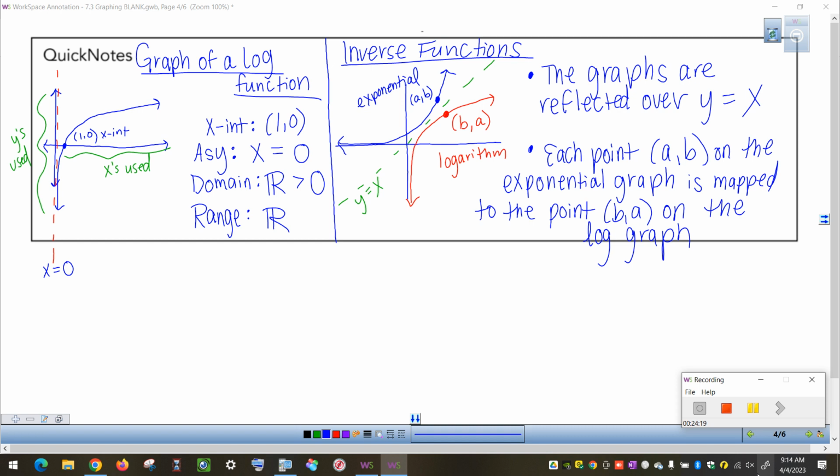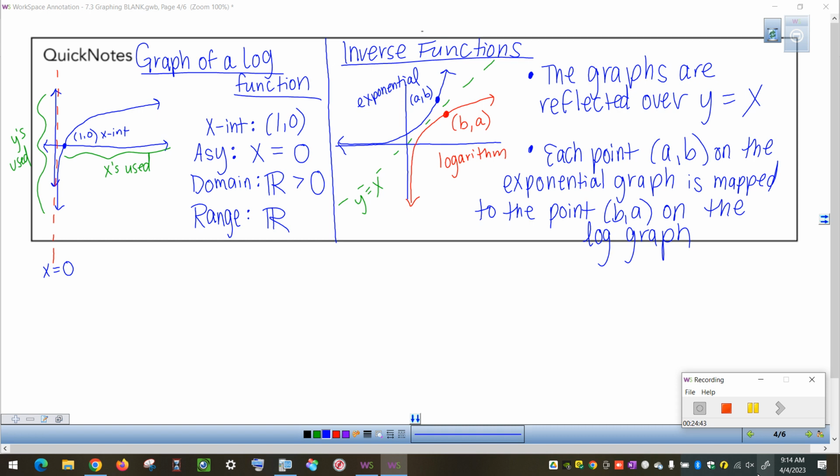So the other interesting thing about this process is you can do this for any base. So we did this for 2 to the x. That inverse was log base 2 of x. We figured out a table for 2 to the x. We switched the x and y to get log base 2. You could have started with 3 to the x. So you could have done a base of 3 for your exponential, y equals 3 to the x. Again, we could do a table to get some ordered pairs.